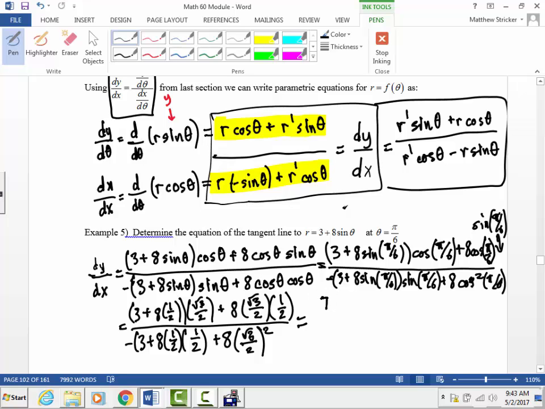I think this is 7 root 3 over 2 plus 2 root 3, over negative 7/2 plus 18.